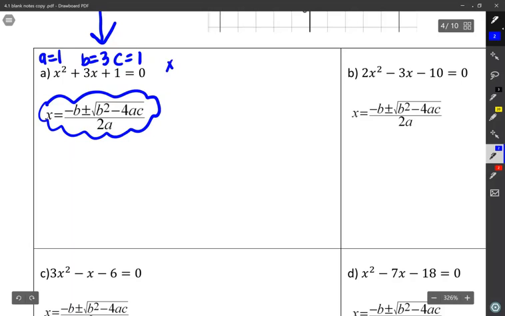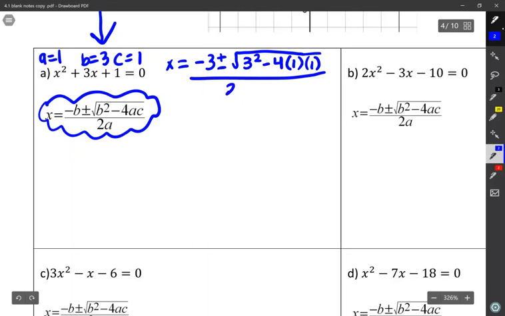Write kind of small: x equals negative 3 plus or minus the square root of 3 squared minus 4 times 1 times 1, all over 2 times 1.